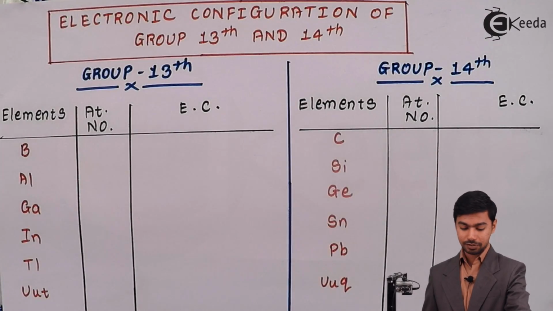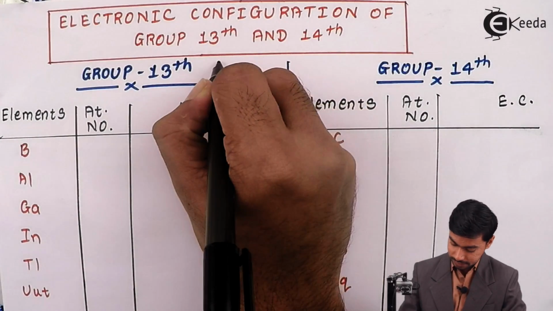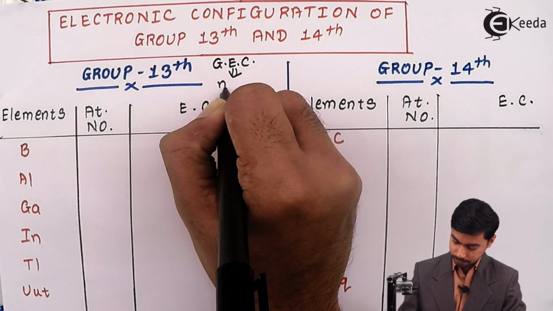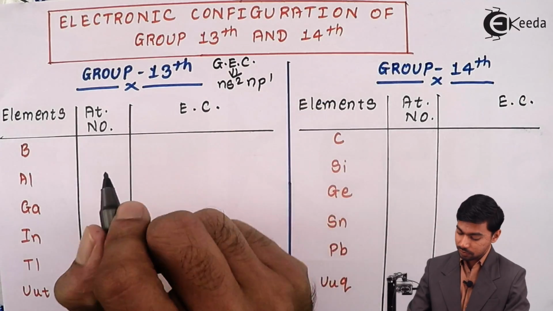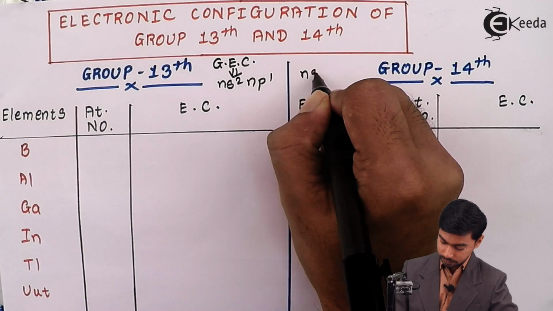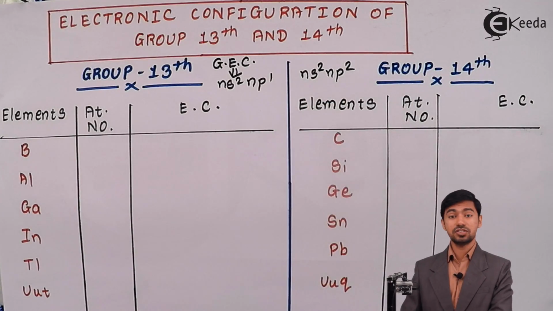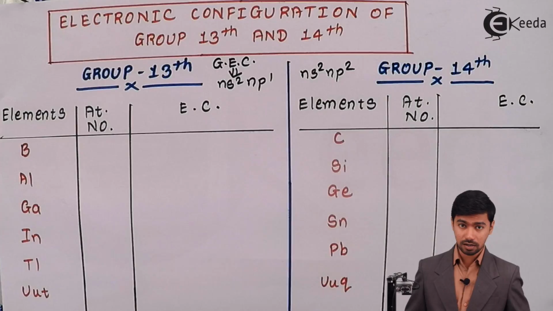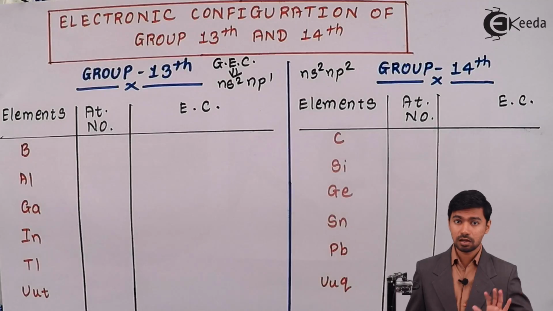So the general electronic configuration for this 13 group is ns2 np1, and general electronic configuration for 14 group is ns2 np2. So this is what the general electronic configuration, which is very much useful for us to remember electronic configuration very well and thoroughly.